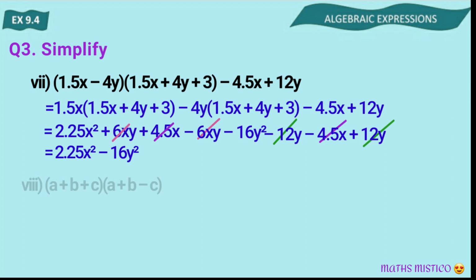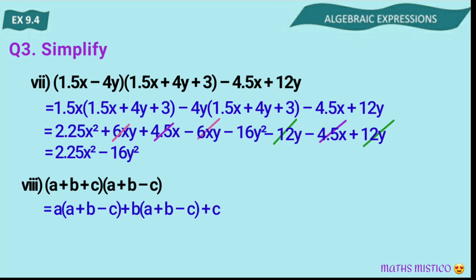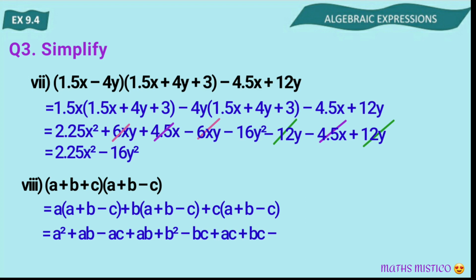The last part contains 2 trinomials. So starting in the same way, a into second bracket plus b into second bracket plus c into second bracket. Now multiply the monomials with each term of the bracket, and I think you can easily do it orally. So we get a square plus ab minus ac plus ab plus b square minus bc plus ac plus bc minus c square.